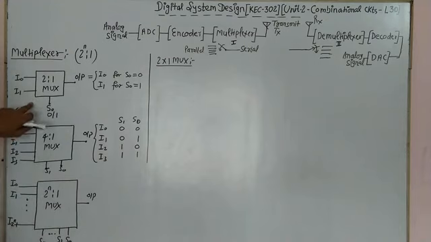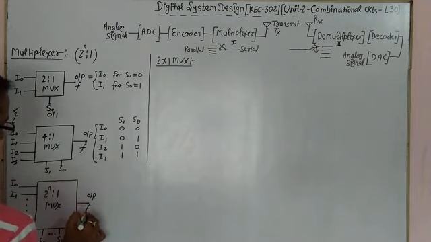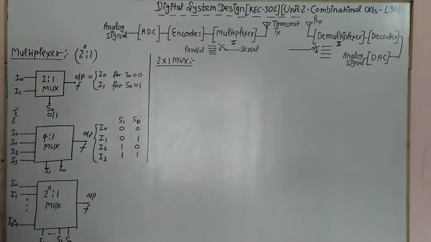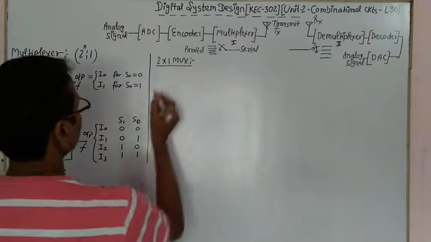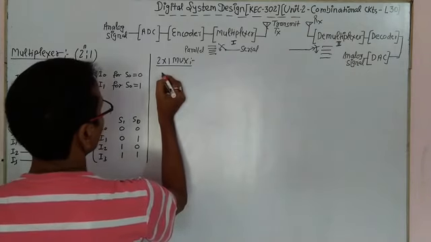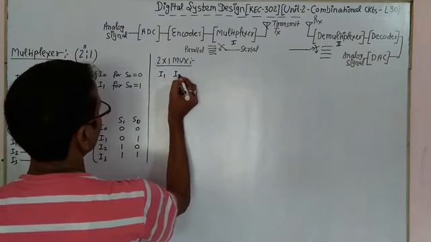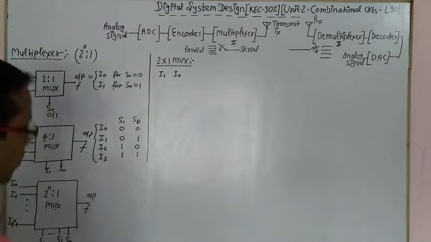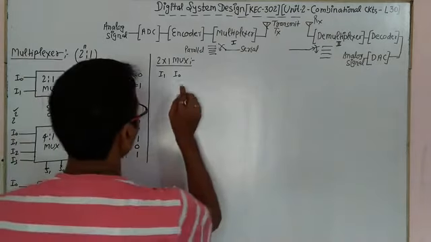Here you can see the 2 cross 1 mux. The output is, suppose, F. So the function, the truth table: I1, I0.